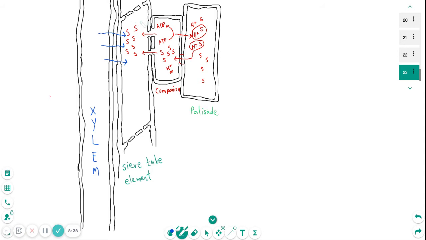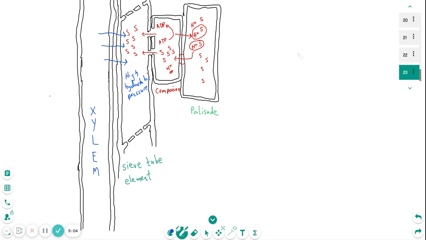And if the pressure continues, so we've got our high hydrostatic pressure, that pressure, as it builds up, is going to be pushing up against the walls of the sieve tube element, and eventually the water is going to be forced away from this area.